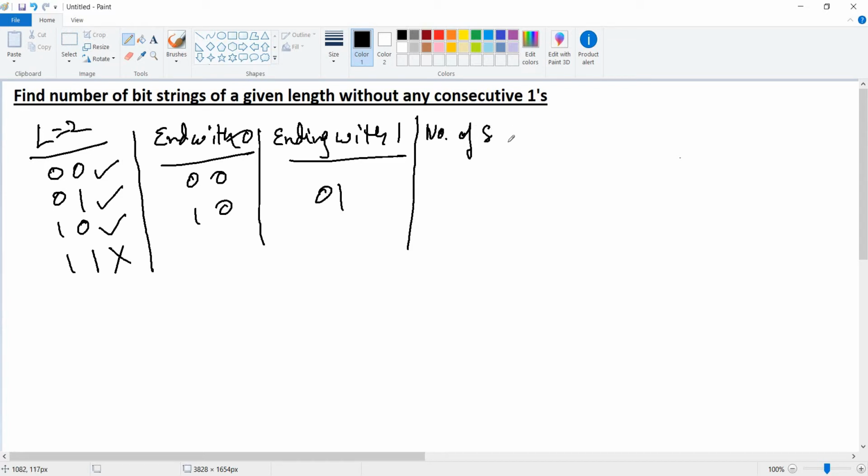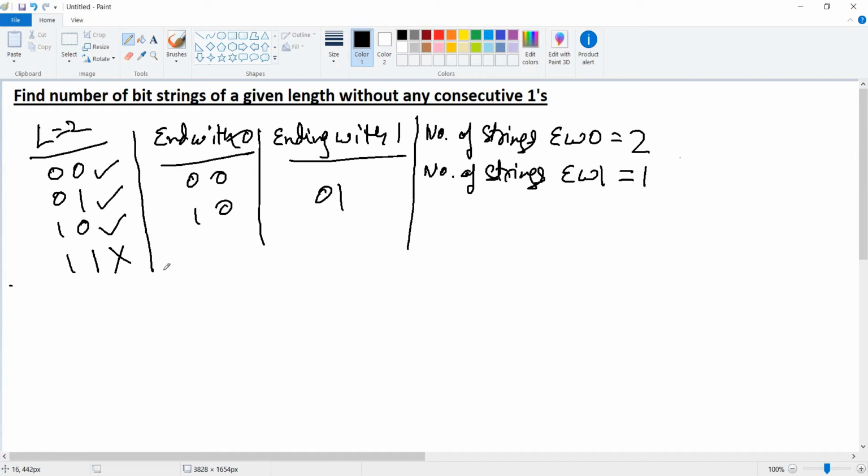Number of strings ending with 0 for length equals to 2, that is 2 of them. Number of strings ending with 1 is equals to 1 for length equals to 2. So we have total 3 strings, 2 of them are ending with 0, 1 is ending with 1.